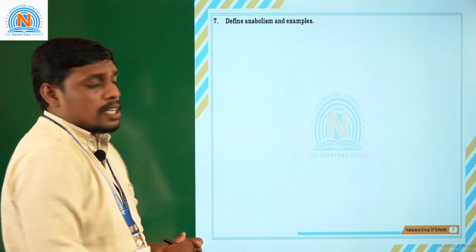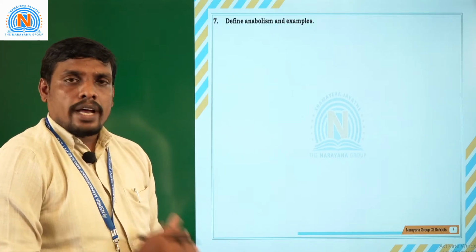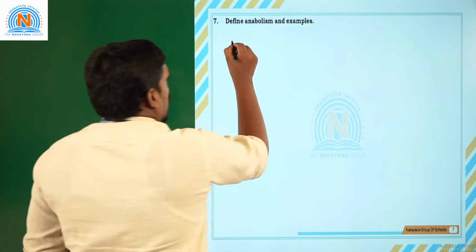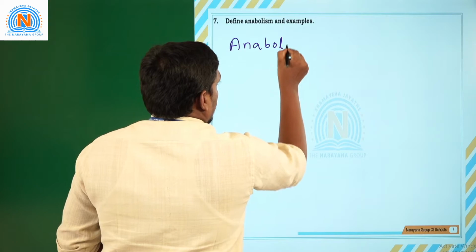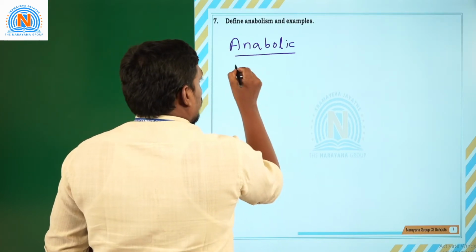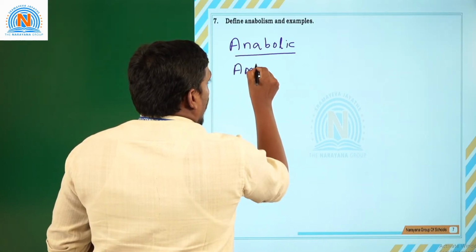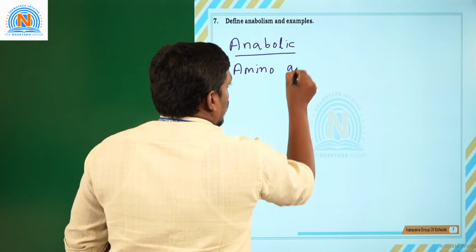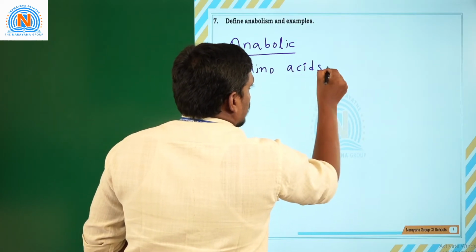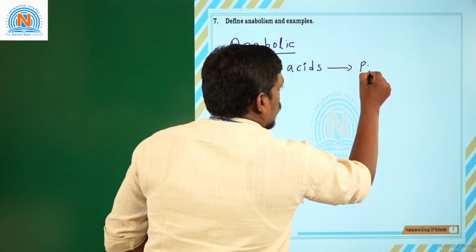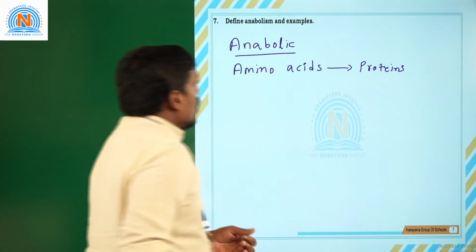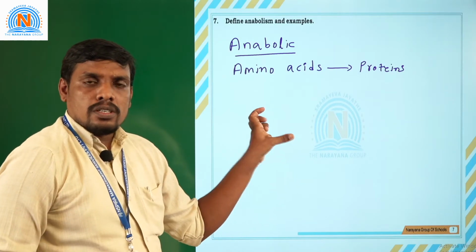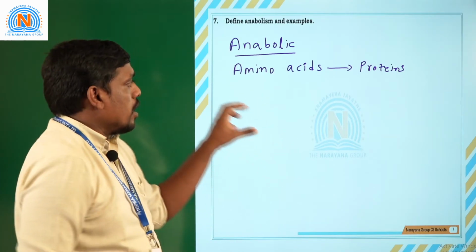Moving on to the next question, students. Define anabolism and give one example. What do you mean by anabolism? Suppose we take amino acids. You know that a group of amino acids is packed into a complex structure called proteins. Now, based on this reaction, define anabolism.